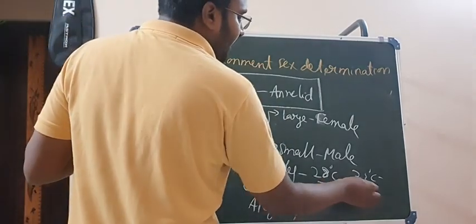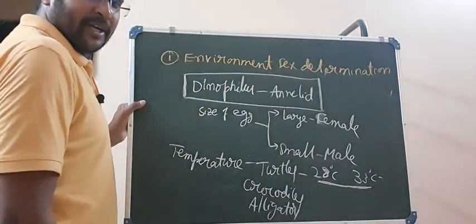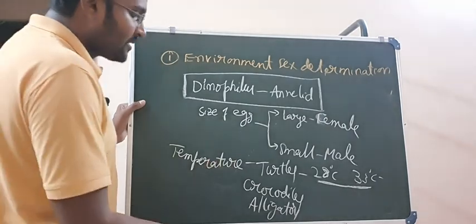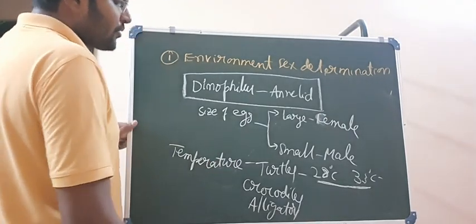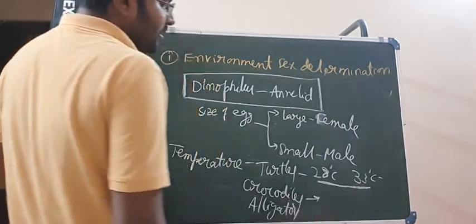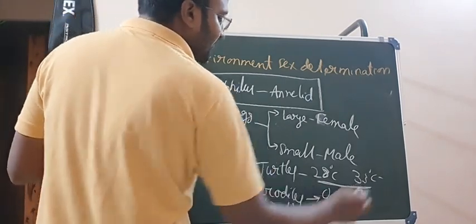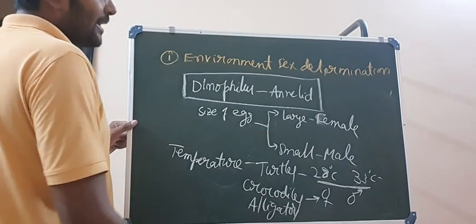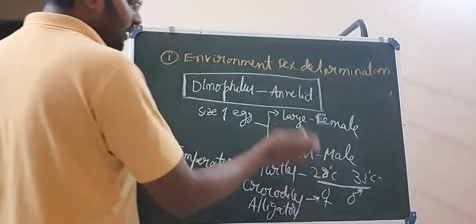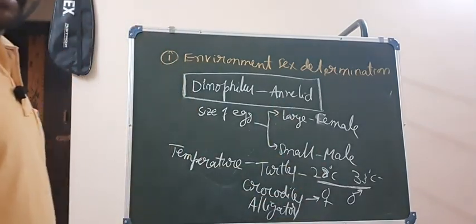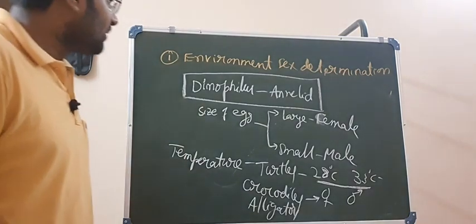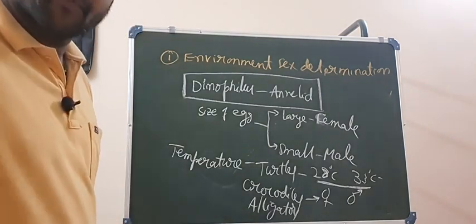In between 28 and 33, they will develop into both males and females, half of each. So in crocodiles, usually low temperature favors females, high temperature favors males. Alligators also, with some differences, it will be more or less the same. This is how the environment determines the gender of an individual.